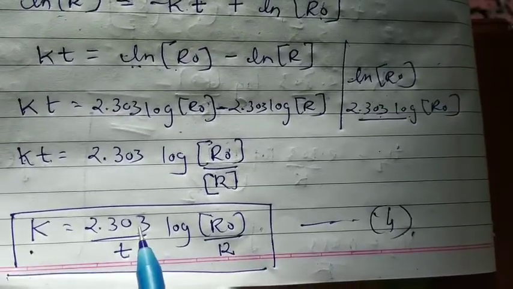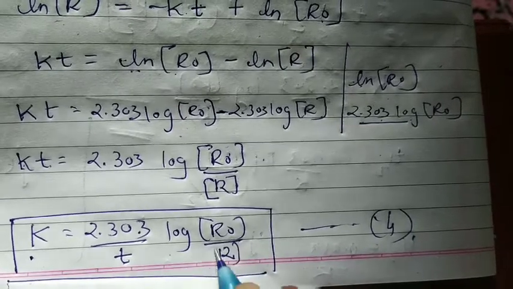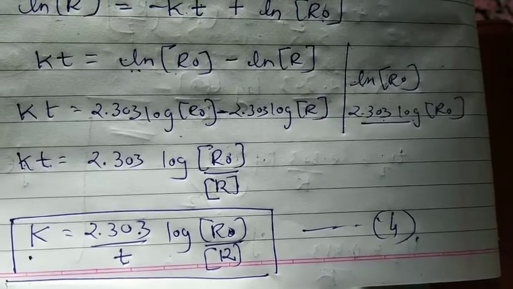K is equal to 2.303 by t log R0 by R, constant. This is known as the integrated rate equation for first order reaction.